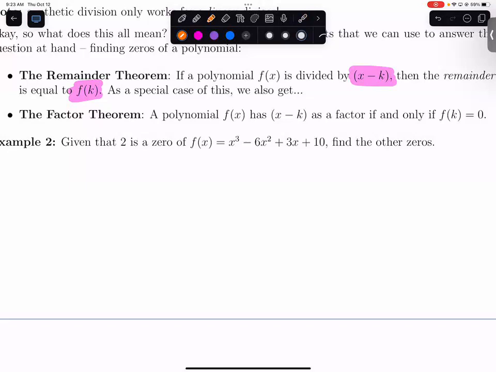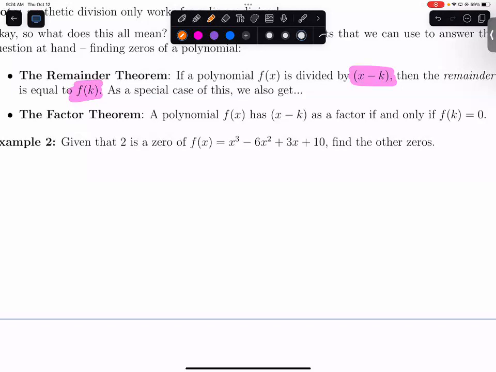When you look at a graph, like you're going to do in about 15 minutes, and say, oh, 3 is a 0, 3 is an intercept, what does that tell you about a factor of the function? If there's an intercept at x equals 3, then there's a factor that looks like x minus 3. Yeah, x minus 3, right?